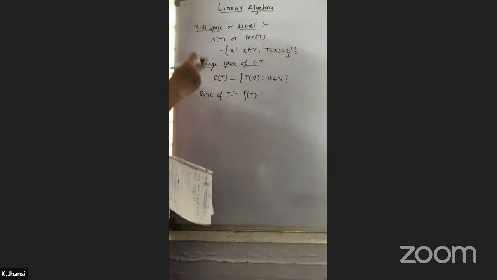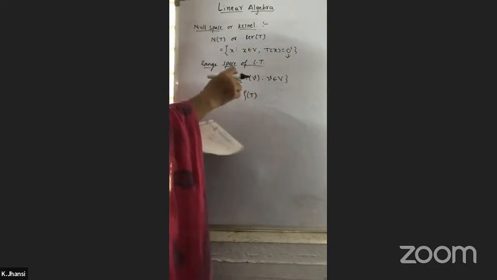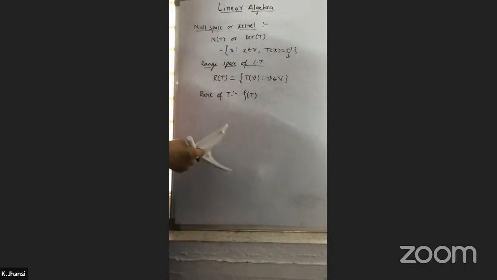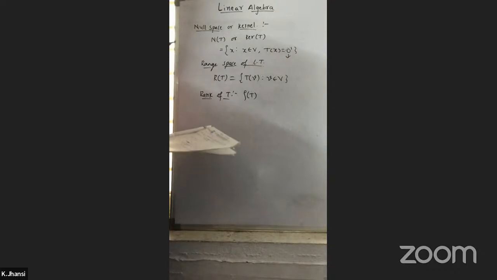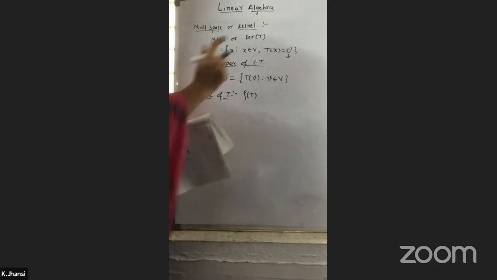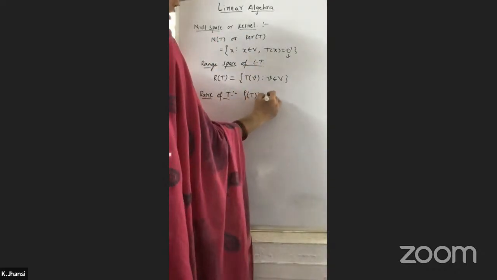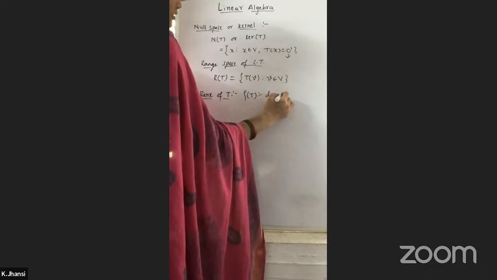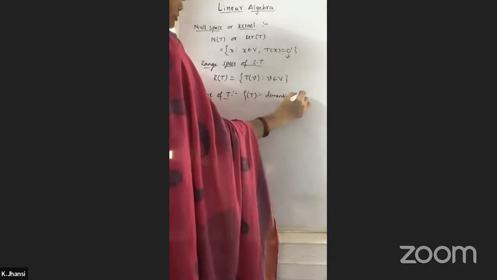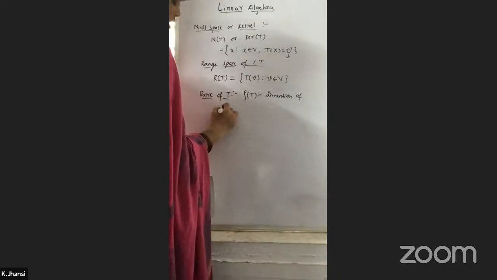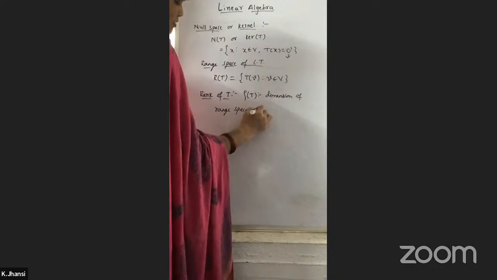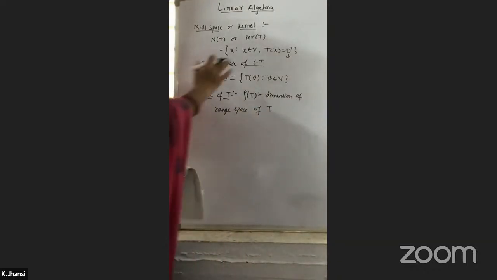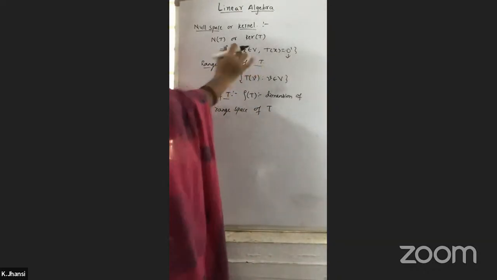We know rank is denoted as rho. So rho of T, and what we call the rank of T means it is the dimension of range space of T. Okay.